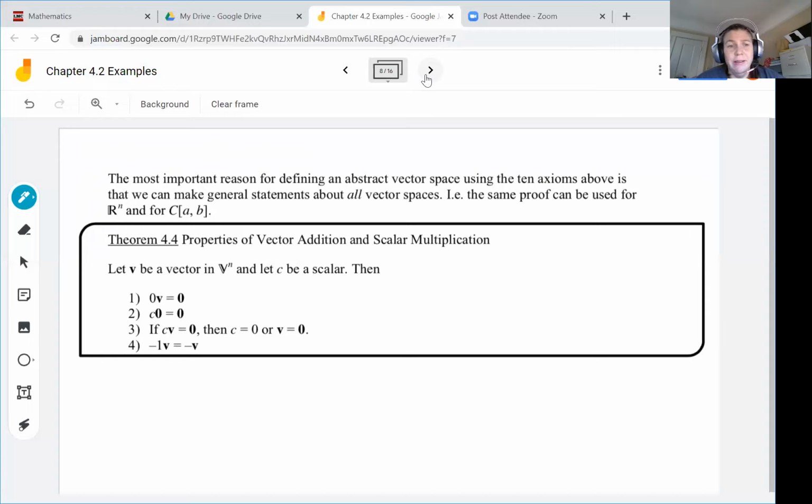And scalar c times the 0 vector is still going to be 0, because 0 is in each element of the 0 vector. And then if the product c times v equals 0, then either c is 0 or v is 0. So this is what you knew back in algebra as the zero product property. And then the scalar -1 times v, we just denote as -v.